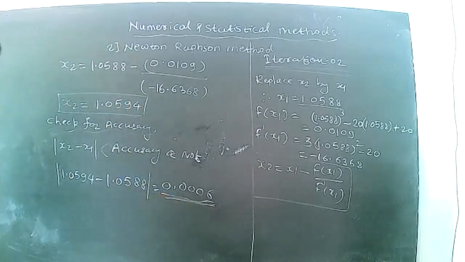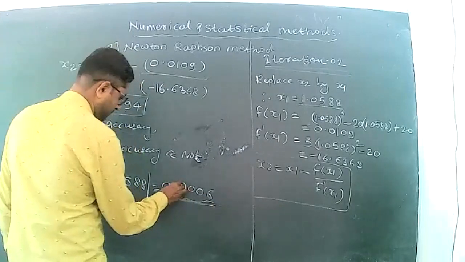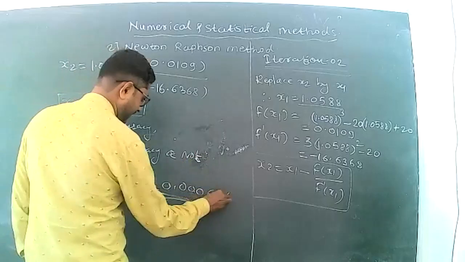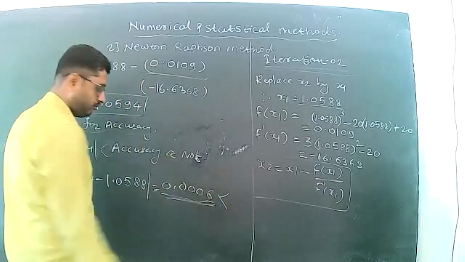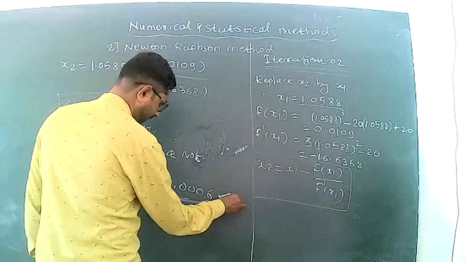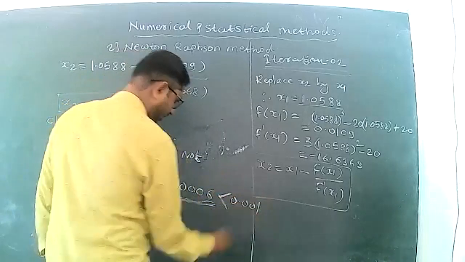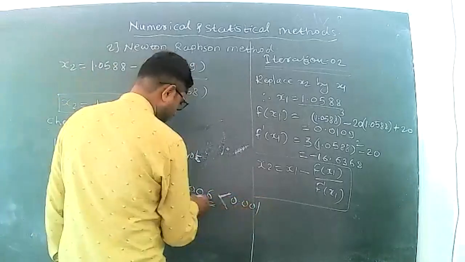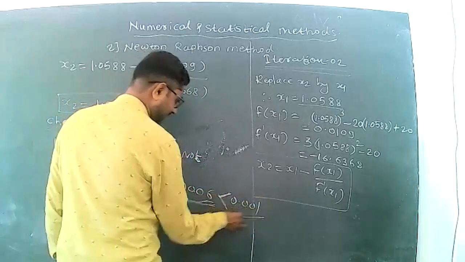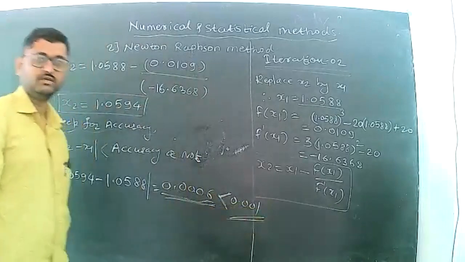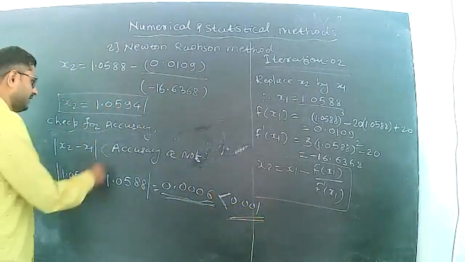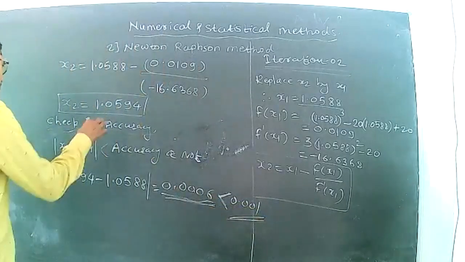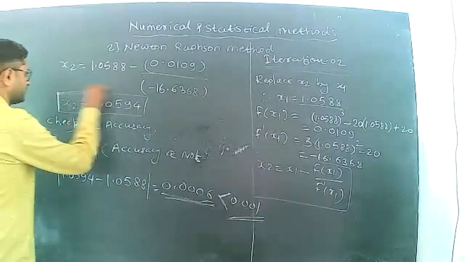What does it indicate? It indicates that this 0.0006 is less than the given accuracy, because the accuracy is 0.001. So the accuracy condition is satisfied, and we stop finding the roots.